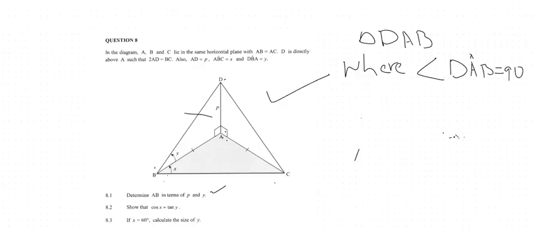So the tangent ratio is appropriate. We say that tan of angle DBA equals opposite divided by adjacent.